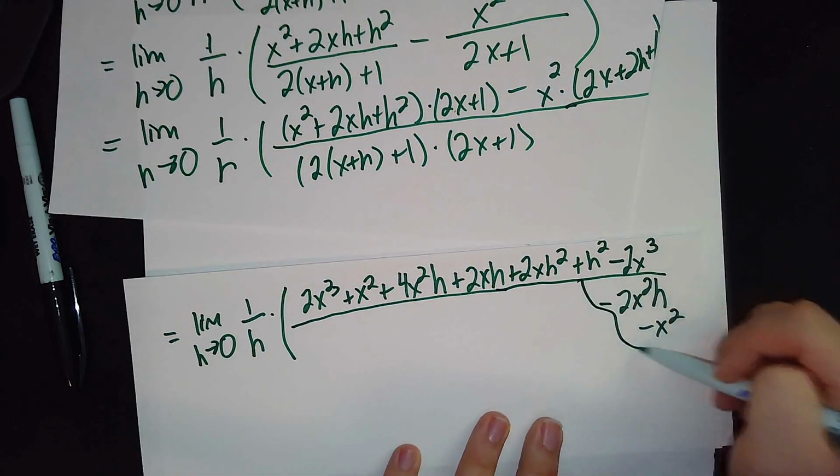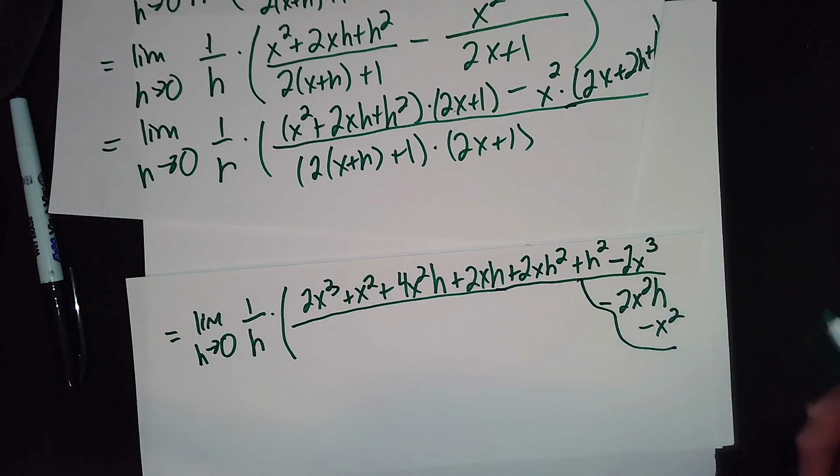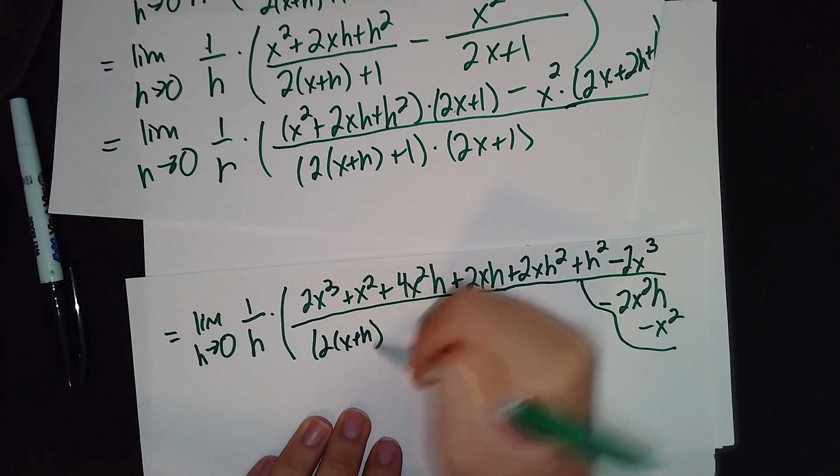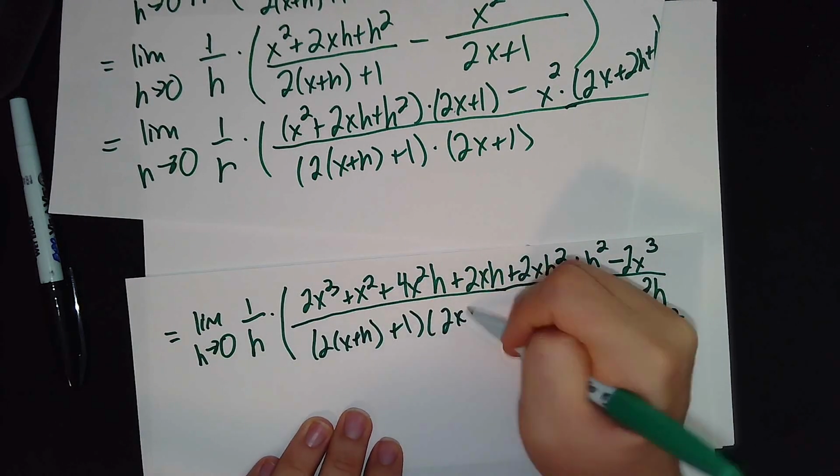All of that is in the numerator, and all of this is divided by 2 times x plus h plus 1 times 2x plus 1.